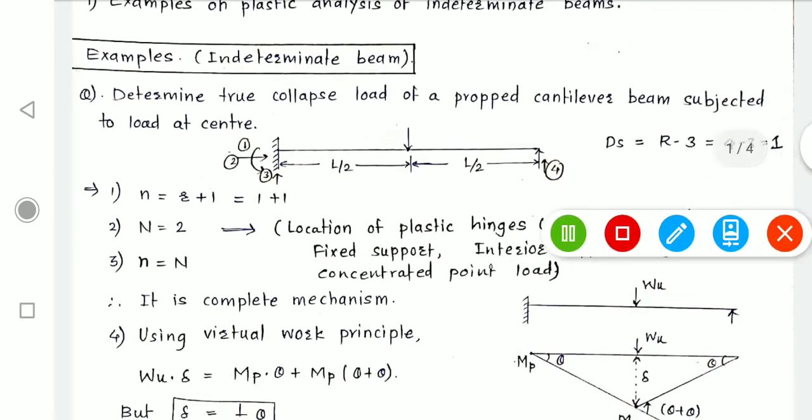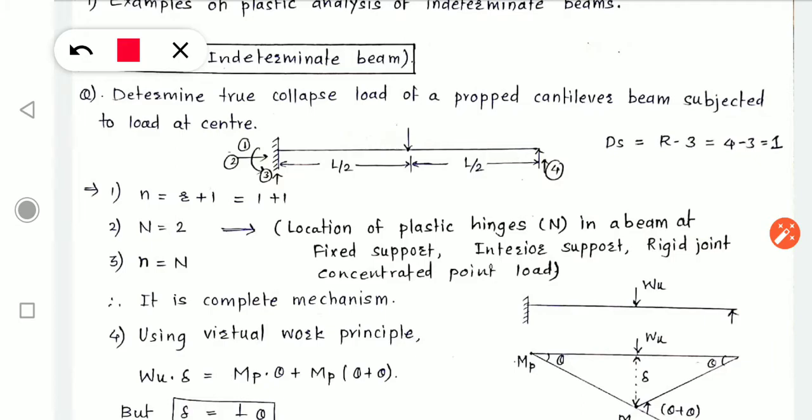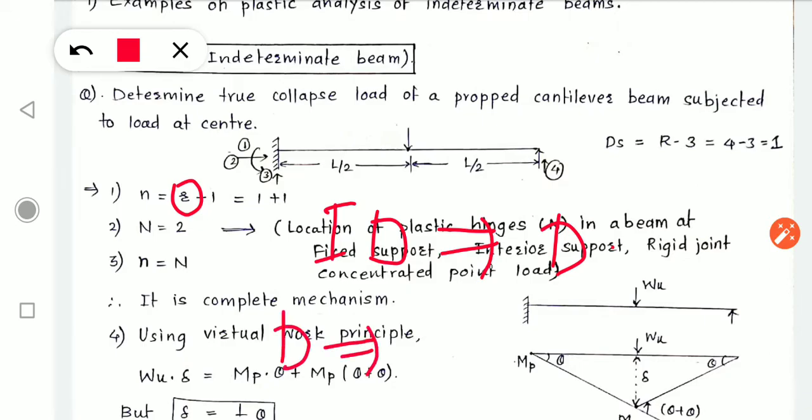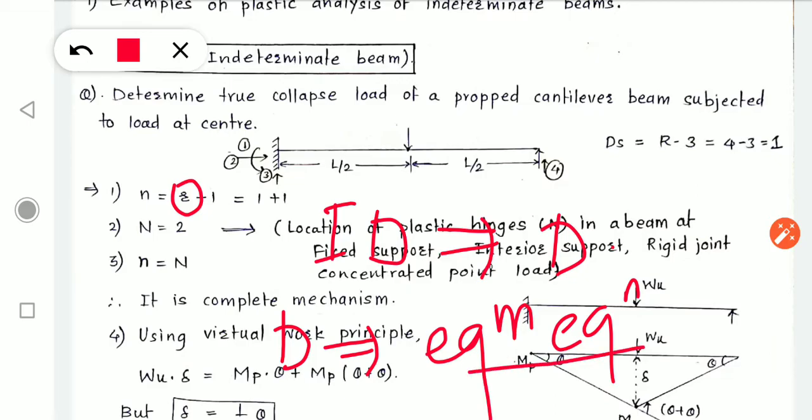If I put that same value in place of r, because r represents the exact number of plastic hinges required to convert the indeterminate structure into determinate. We know how to convert an indeterminate structure into determinate: a determinate structure can be solved by equilibrium equations alone, and if we reduce the unknowns so that the 3 equilibrium equations are sufficient to solve the structure, then we call it a determinate structure.